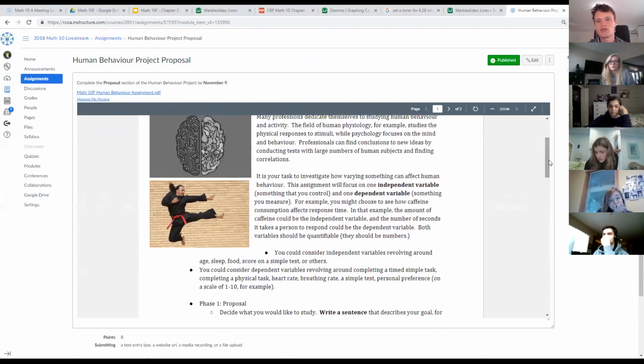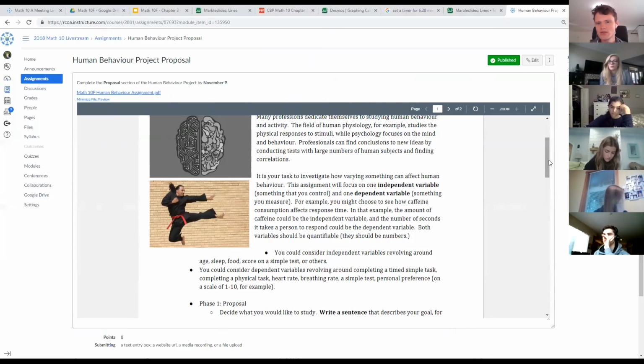It is your task to investigate how varying something can affect human behavior. And by human behavior, we're just saying any way that humans behave or act or what they can do. So this assignment will focus on one independent variable, that's something that you control, and one dependent variable, which is something that you measure.